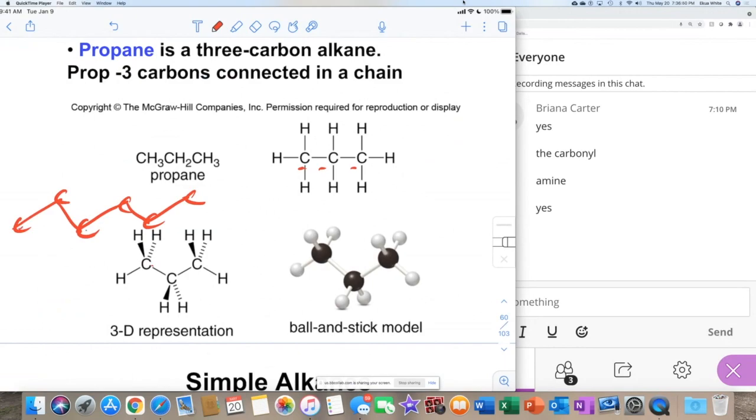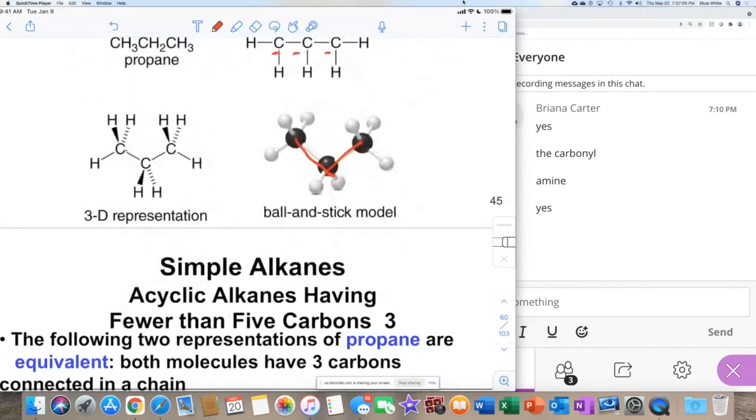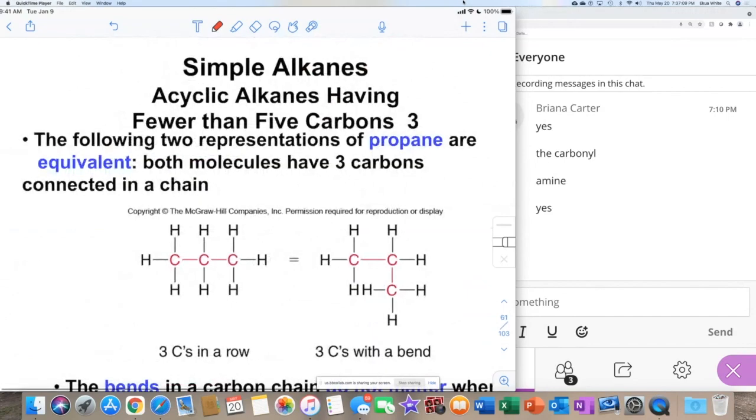But the carbons in the middle, the central atoms, tend to have that zigzag chevron connection. Notice that here, right? And the longer it gets, the more zigzaggy it gets. So once again, we have Lewis here. We have the 3D.